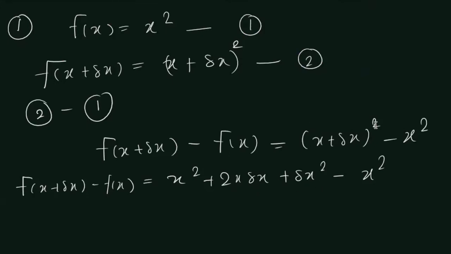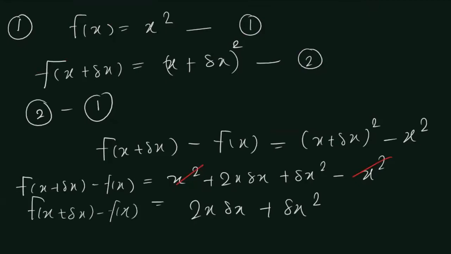Once you expand, you will see this gets cancelled with this. What remains is 2x delta x plus delta x squared. That is f x plus delta x minus f x.